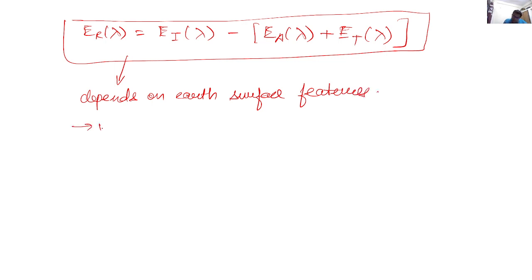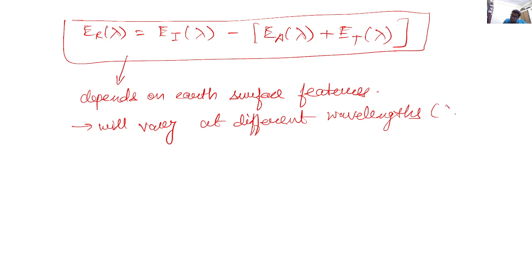And it will also vary at different wavelengths, and that is why I've used lambda with each of the notations, even for the same surface type.